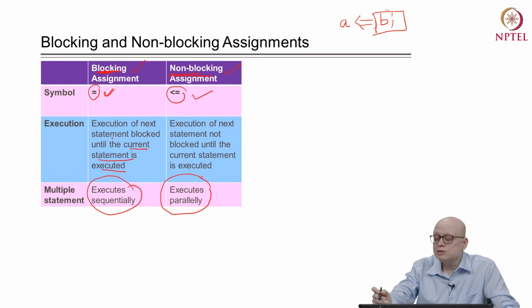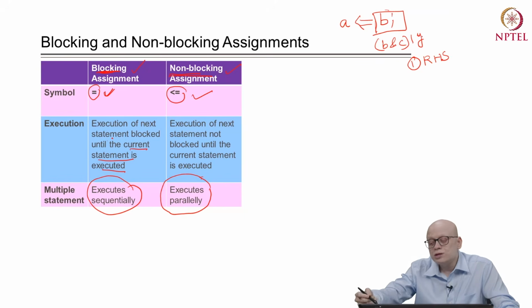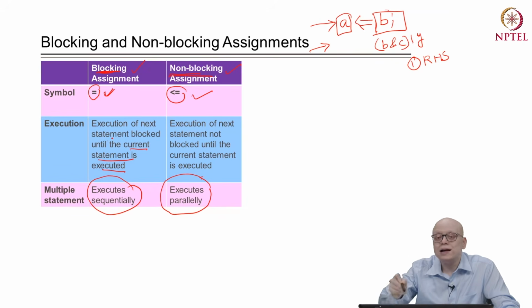Suppose some complicated expression was there on the RHS; whatever the current value of the RHS is, that is evaluated in the first step. Only the RHS is evaluated, and the execution moves to the next statement. The LHS is not yet assigned the value. That part happens at the end of the simulation.